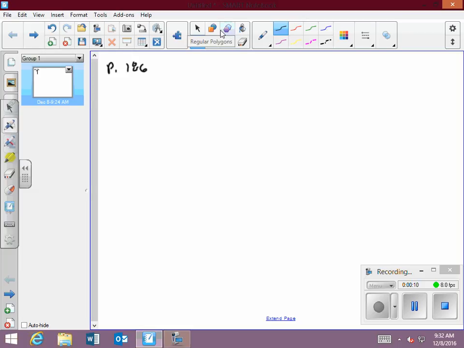All right, on page 186, we're ready to do problem 8. It says, determine the value of the parameter s for which the system has a unique solution and describe the solution.